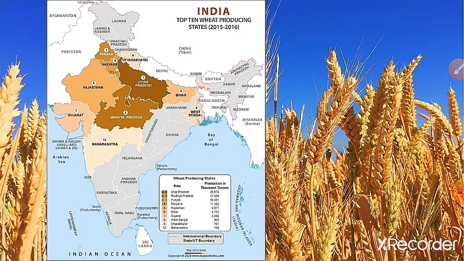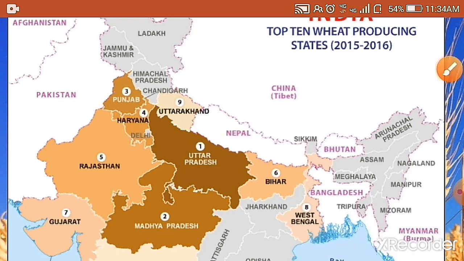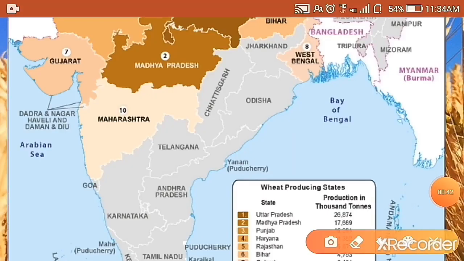Over 85% of India's wheat production comes from the states namely Uttar Pradesh, Madhya Pradesh, Punjab, Haryana and Rajasthan. Apart from this, the black soil tract of the Deccan covering parts of Maharashtra and Gujarat also contributes to major wheat production.